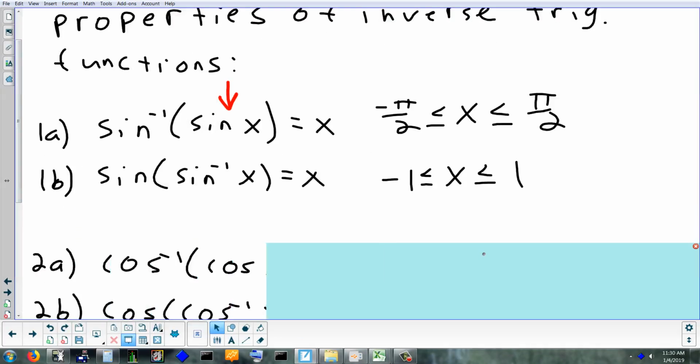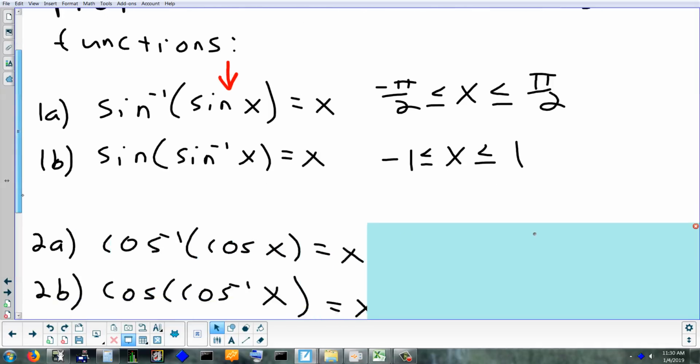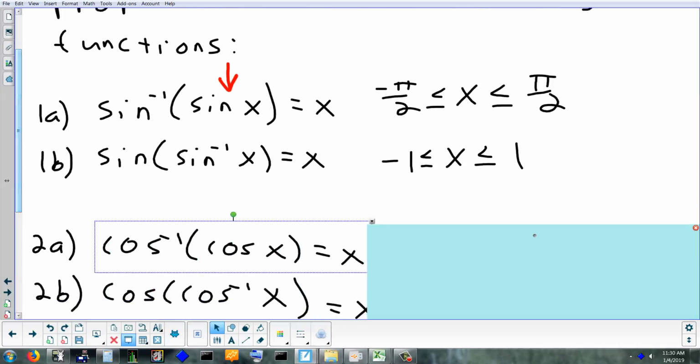Okay. Let's look at this one. It's not really important if you call this formula 2a and 2b. I'm just, if we need to go back to them, I'll say look at formula 2a so you have a name for it. Okay. Inverse cosine and regular cosine always cancel each other out as long as x is between.